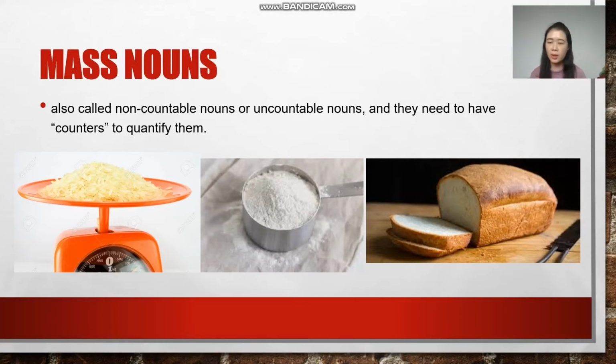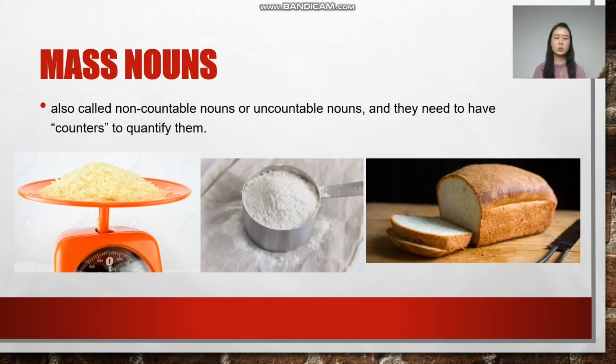The first one, what is that? Rice, okay, rice. And if we need to tell the amount of rice, we need to say a kilo of rice, a bag of rice, right? And we cannot say rices like that, okay, because they cannot be counted.